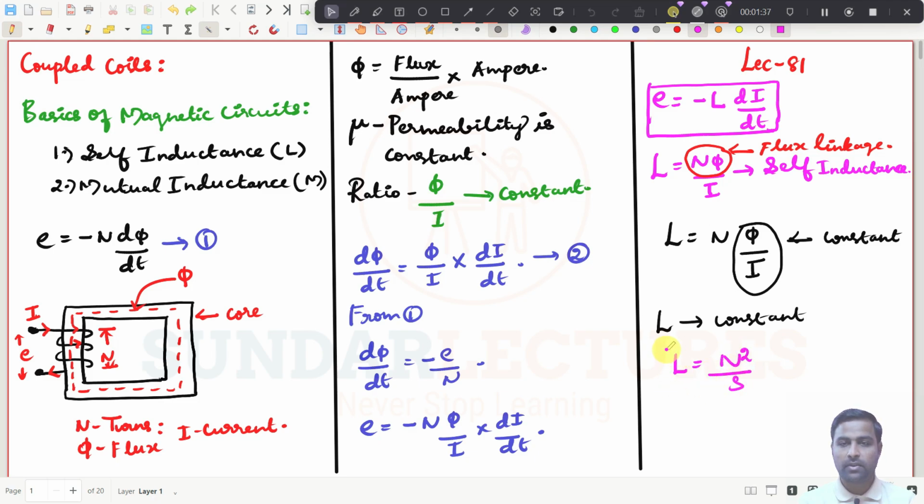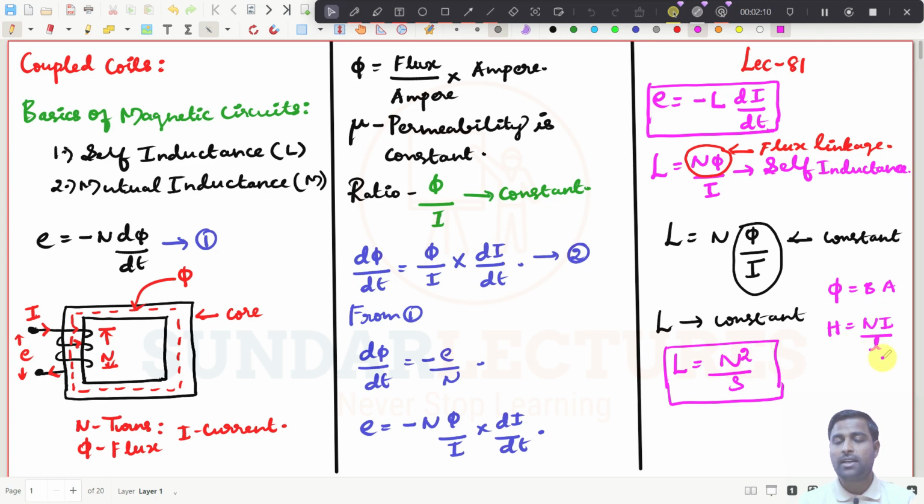You just simplify by yourself and substitute the values. For example, you put pi is equal to B into A, and for I, the formula for magnetic field intensity is H is equal to Ni by L, right?